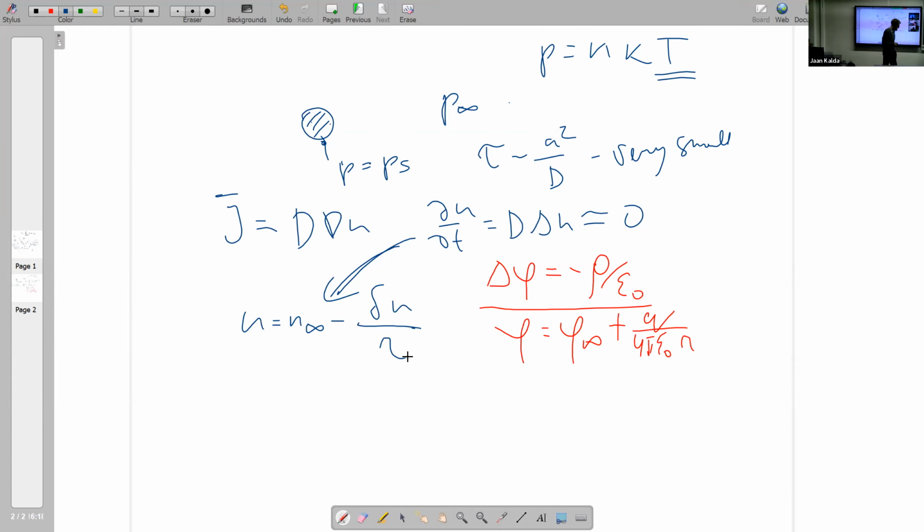Here we have the expression for how the concentration depends on the distance from the center of the droplet, if we have quasi-equilibrium, and we expect quasi-equilibrium because the characteristic time scale is very small.